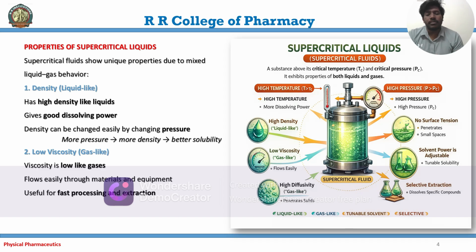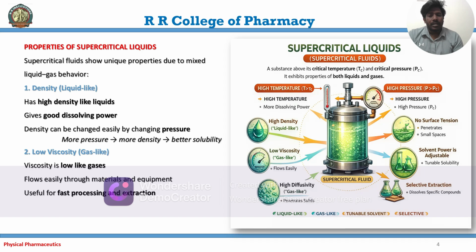This diffusivity is due to the high temperature and the kinetic energy which these molecules are gaining. Because of the high pressure, which is above the critical pressure, the surface tension decreases to zero, and this helps these supercritical fluids penetrate into smaller particles and spaces very easily.